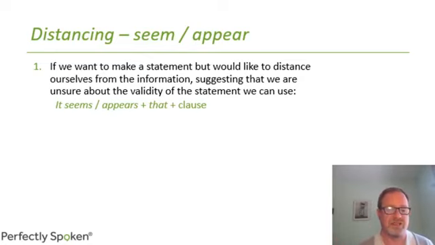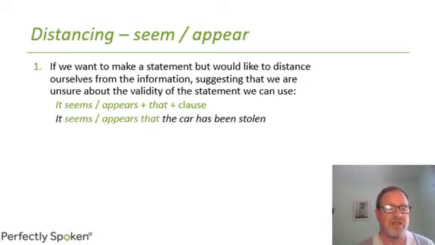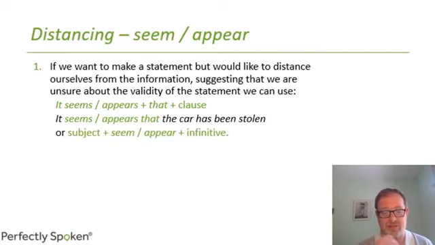Clause obviously is subject, verb, etc. For example, it appears that the car has been stolen. Here we're suggesting that we're not entirely sure that it has been stolen, but it seems that it has been stolen.